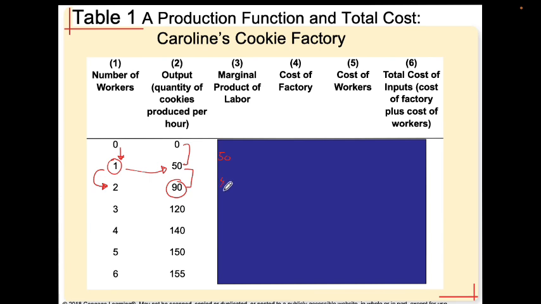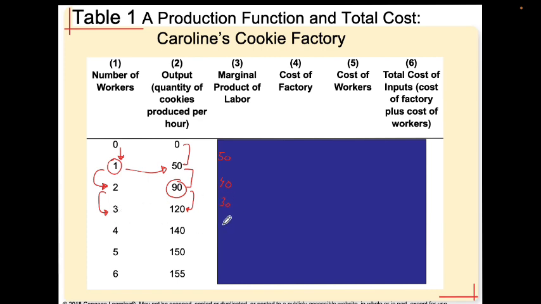This is basically 40 additional cookies produced per hour. Then when you added the third person, the output increased from 90 to 120 cookies per hour. But notice how this third person only added 30 to the productivity.